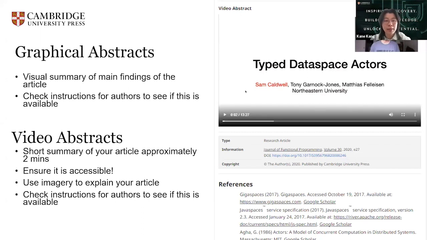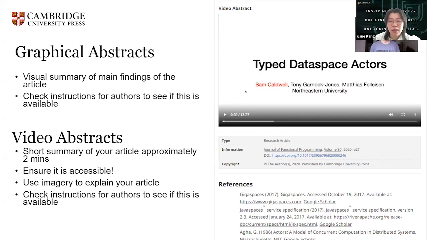And a video abstract is a short summary of your article, approximately 2 minutes. This picture shows a video abstract. The most important thing is to ensure it is accessible. Don't make it private. And use imagery to explain your article.